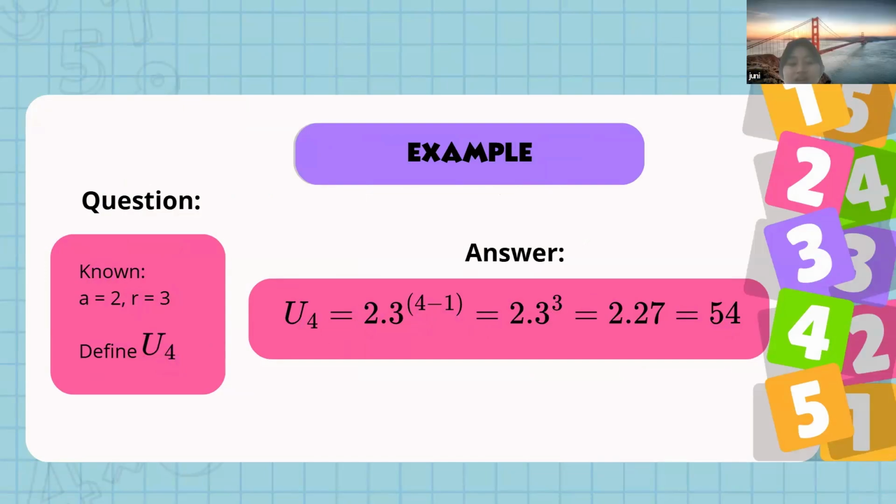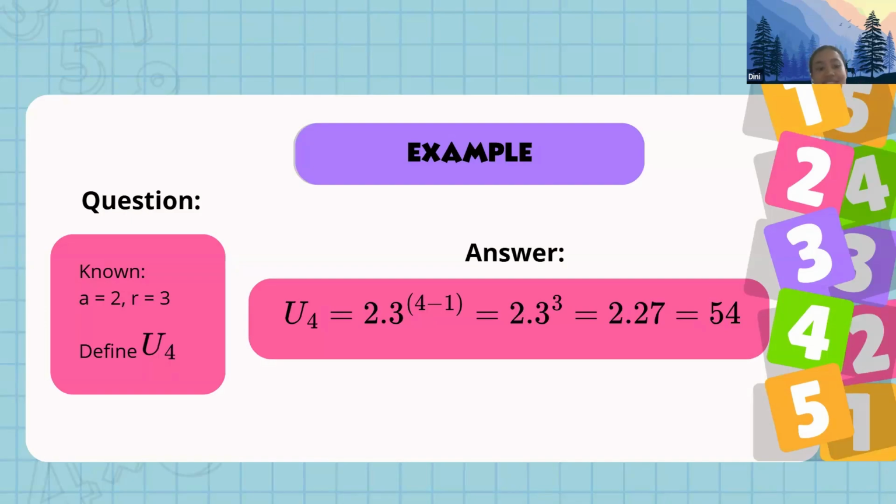Wait, Miss. I don't understand. Does any pattern count, like if I just list random numbers, Miss? Okay, great question, Juni. It needs a consistent rule. For example, look at this sequence: 2, 5, 8, 11, 14.